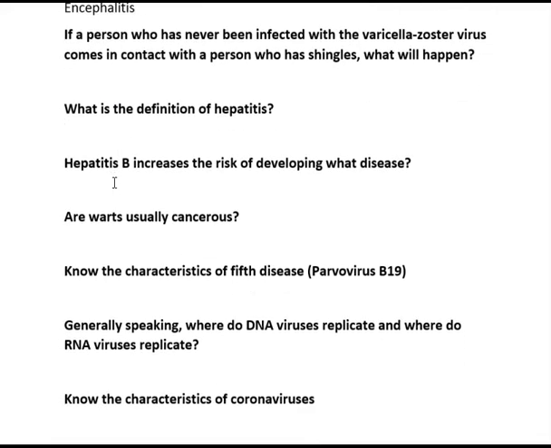Okay, if a person who has never been infected with the varicella zoster virus comes in contact with a person who has shingles, what will happen? Well, remember that varicella zoster is the causative agent of both chickenpox and shingles. So if a person has never been exposed to this virus, and they are exposed to it through someone who has shingles, they can develop the primary infection, which is chickenpox.